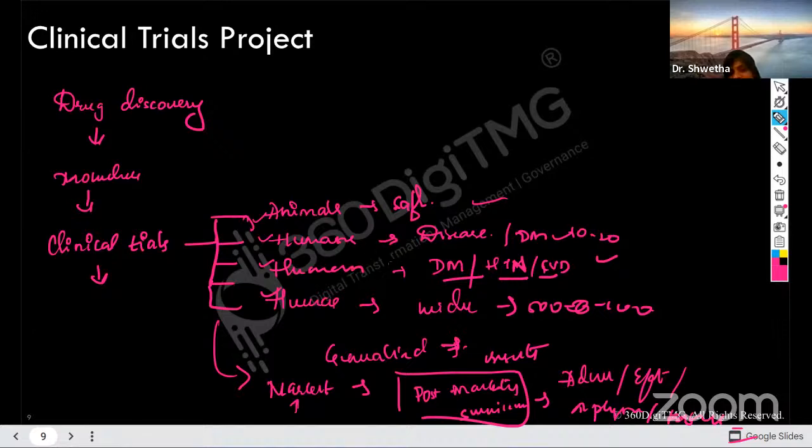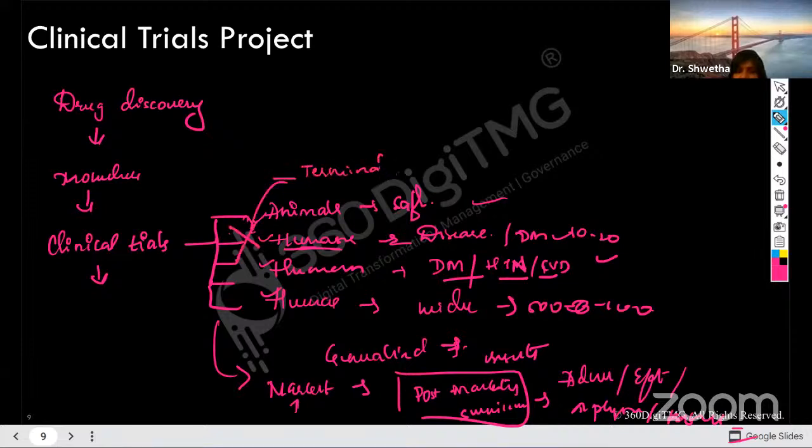So each phase of the clinical trials is important, and if the drug is not able to perform in any stage, then the study will be terminated. Say, for example, in the first human phase, the drug was not able to produce any result and there were side effects, then the study will be terminated.